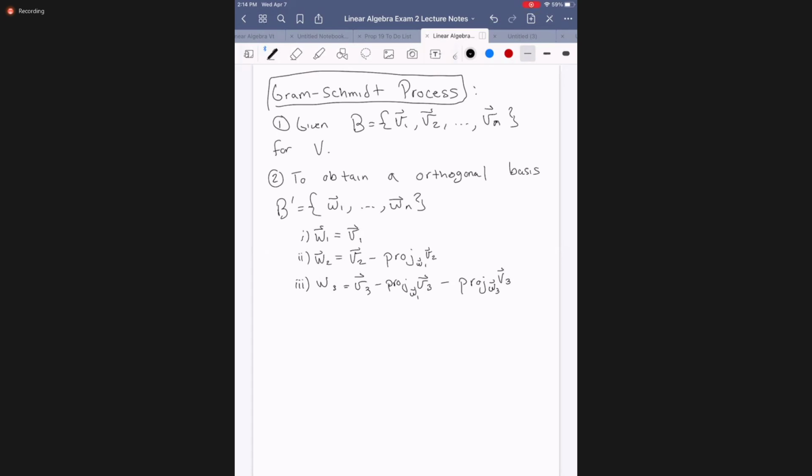So you see how each one of these depends on the previous steps. Here you pick one, right? This one depends on that first step. Then this one depends on that second step, and so on and so forth.